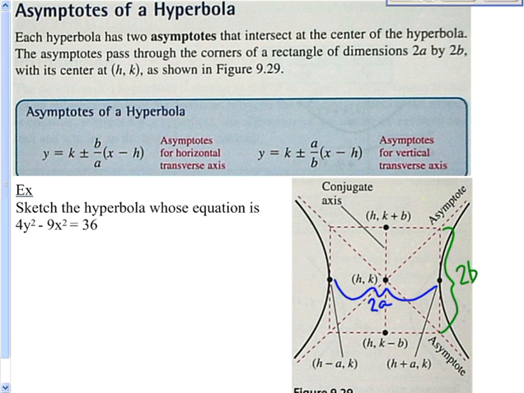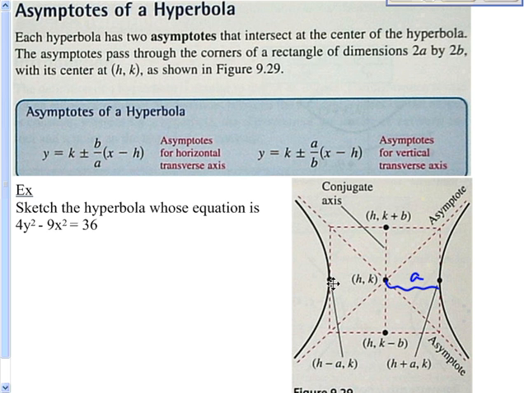Now, you have some asymptotes, some slant asymptotes more specifically. You notice this dotted box that we have here. Let me erase this 2a and 2b portion. Let's say we have a transverse axis that's horizontal, as is shown here. We know our distance out from the center to a vertex, this distance a.